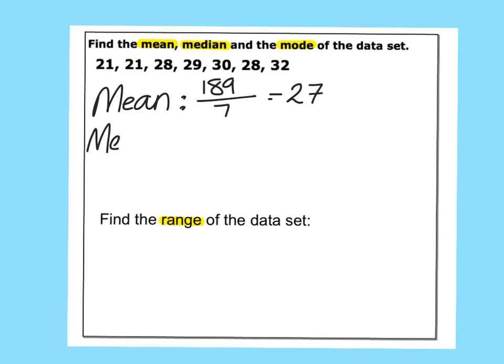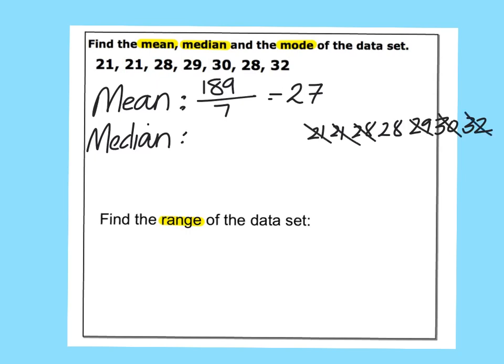The median, again, is that middle number. So if we put these in order, it would look like this: 21, 21, 28, 28, 29, 30, 32. I like to just kind of cross off from the edges, and the median is 28.